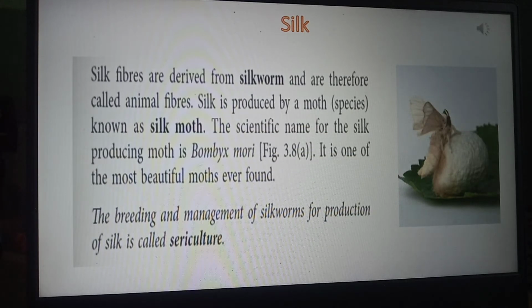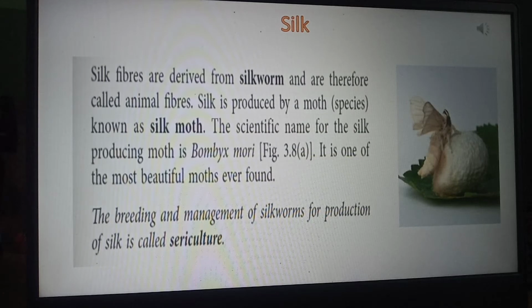The scientific name for silk producing moth is Bombyx mori. I hope you all know how to write the scientific name of a particular species, isn't it? If you are writing Bombyx, then B should be in capital letter, and the other name, that is the genus name.